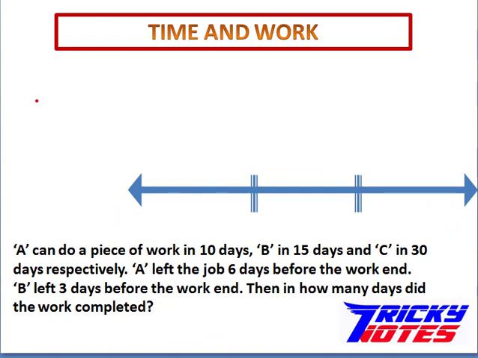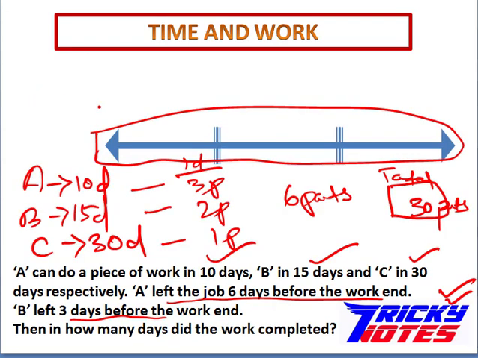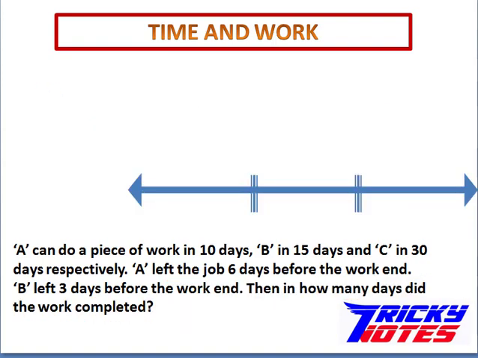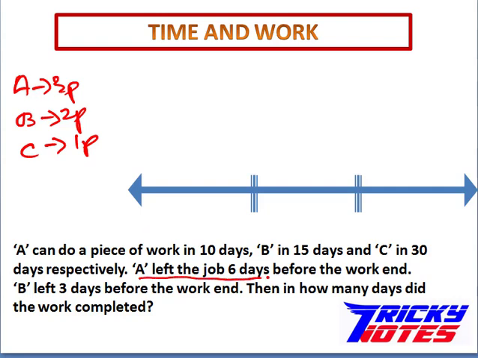See, in the previous slide we saw A is doing 3 parts, B is doing 2 parts, and C is doing 1 part. So here I am writing A is doing 3 parts, B is doing 2 parts, and C is doing 1 part in a day. Now see the question. A left 6 days before the work end, B left 3 days before the work end.